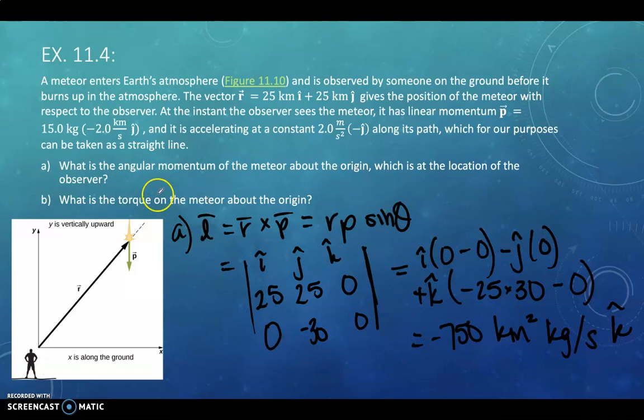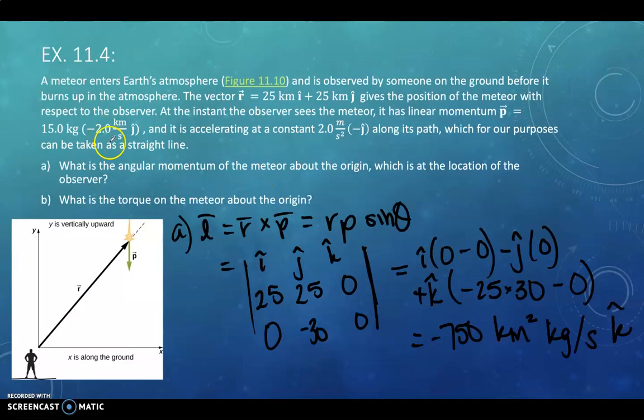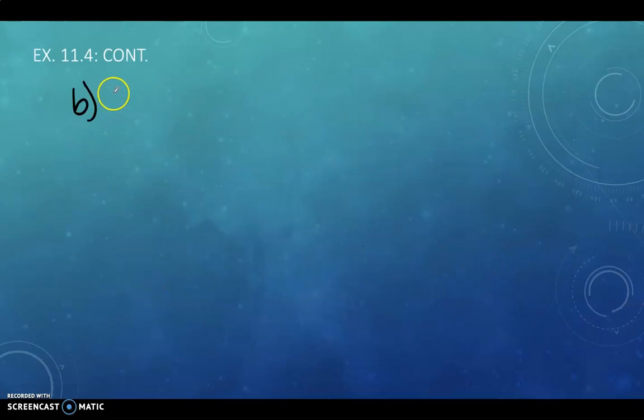Alright, so now we can look at the torque on the meteor about the origin. Remember that the torque is equal to the derivative with respect to time of the angular momentum. So we should have torque is equal to dL/dt.